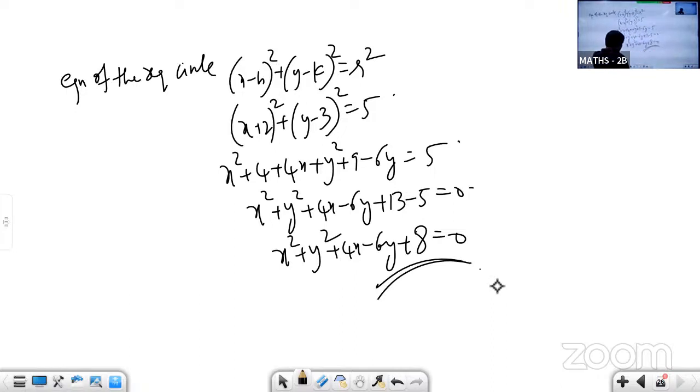Is it clear? So, 2 different kinds of questions we did: when the length of the chord we are finding, or if the length of the chord is given, then the circle equation you have to find. These are 2 very important questions, okay?